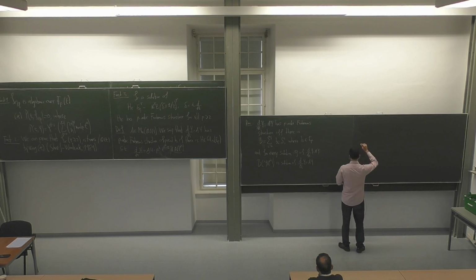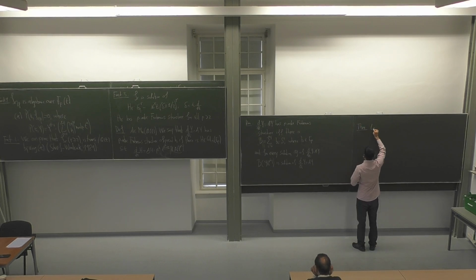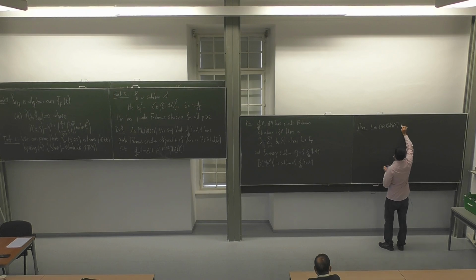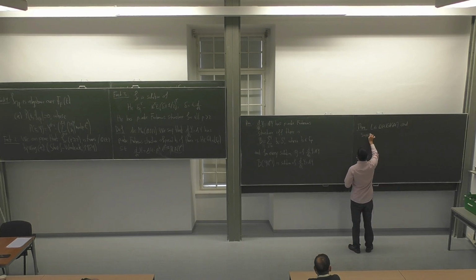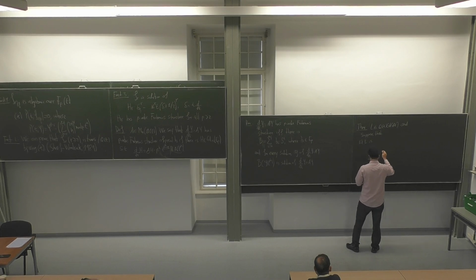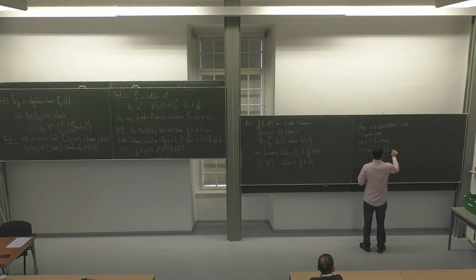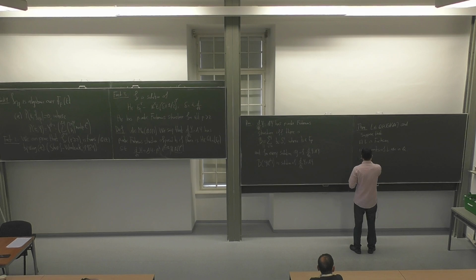So yesterday at the end, Masha stated the following theorem. We take L a differential operator, and suppose that the components of L are in Q, and the third condition is that the monodromy of L is rigid.